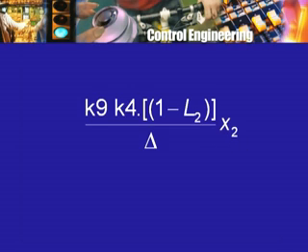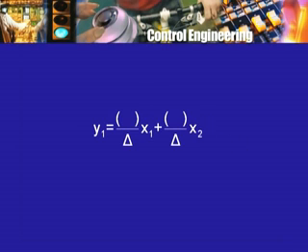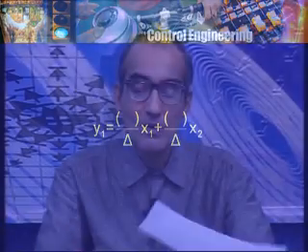And so we can now put the two together and write down the expression for y1 as some coefficient whose denominator is this common delta multiplying x1, plus some other ratio whose denominator again is the same delta multiplying x2. And in this problem, when writing the expression for y1, there is only one forward path from the input node x1 to y1, and only one forward path from x2 to y1.